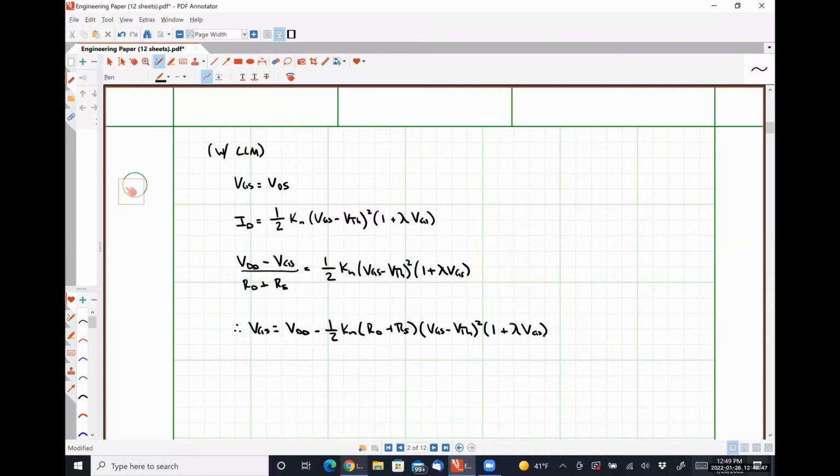Now, obviously, this is a third order polynomial. So unfortunately, we can't use our quadratic equation to give us a closed form solution that's trivial to find, but only one of the 3 solutions will actually be a positive number. So obviously, that's the one that's correct, because for any of the negative valued solutions, VGS would be less than VTH, which implies that those are cutoff regions.